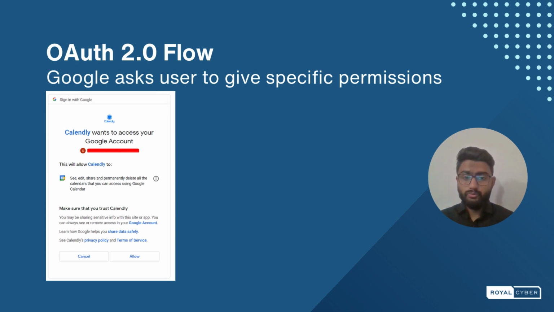If you are into security, I would advise you to read what specific permissions you are allowing a third-party application. Here you can see that Calendly is only asking for permissions for reading, updating, or deleting calendar-specific data. So the first step is you log in. The second step is you give permission, allowing Google to give permission to Calendly for a specific service.